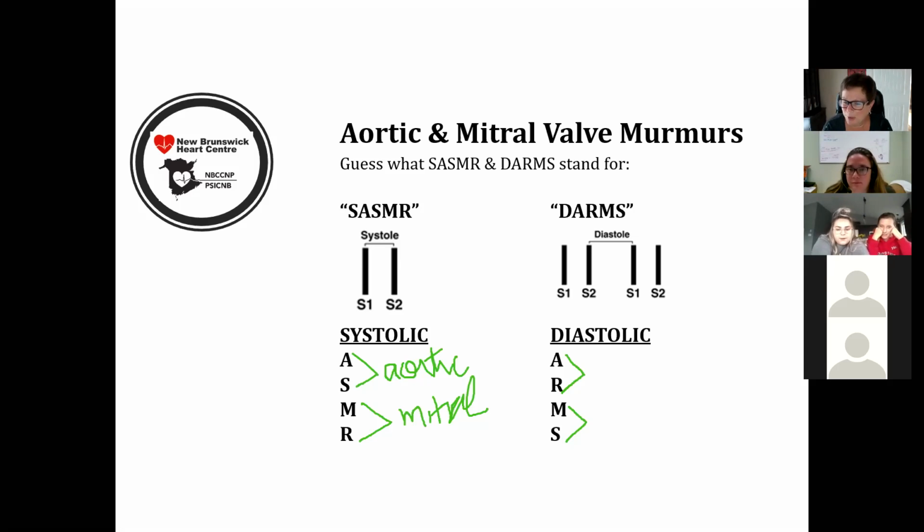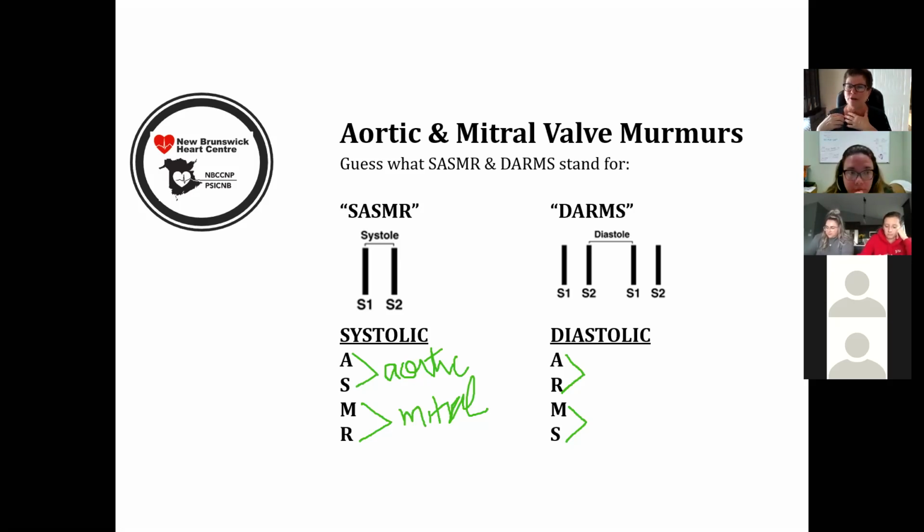Awesome. So pulmonary regurg and tricuspid stenosis. Yeah. So it's all about thinking what valves open and close together, and where you're listening on the chest.